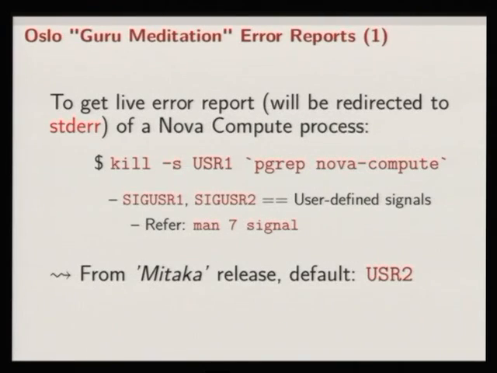So yeah, Guru Meditation report. Until this was available, there was no way to get a proper error report if you wanted to get the state of a live Nova process, like the API process or the compute process.